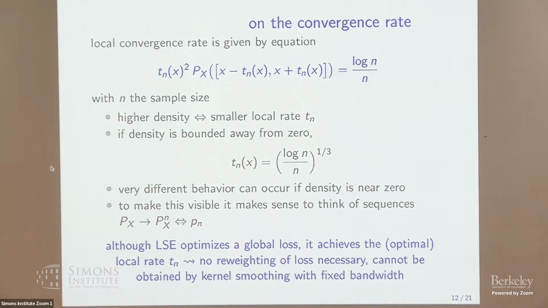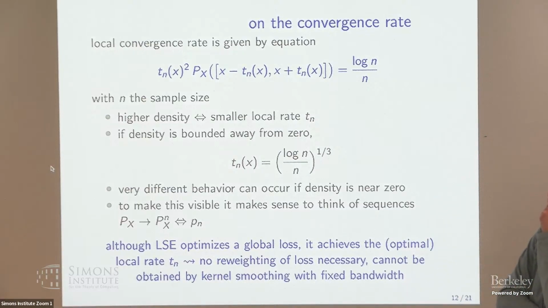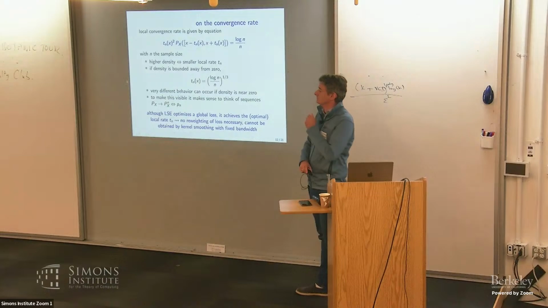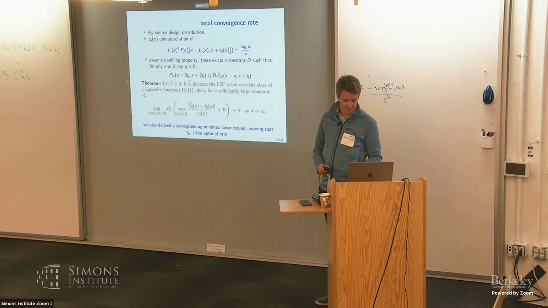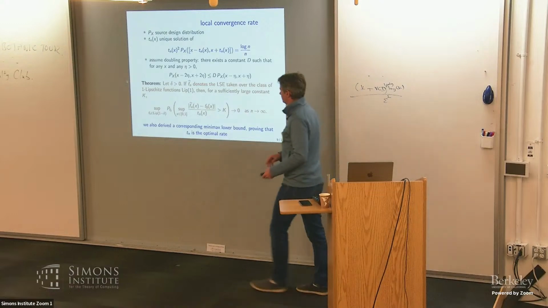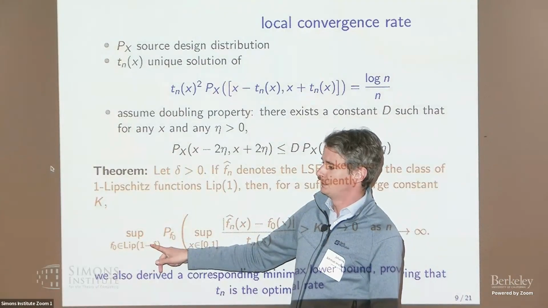Oh, you have a question, right? Can you construct functions that are actually on the boundary for which you have the lower bound, or is the lower bound also only for the interior? If you restrict the lower bound to Lipschitz 1 instead, then you make the space larger, so that should always hold, right?